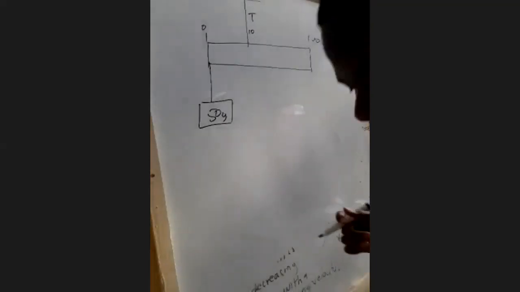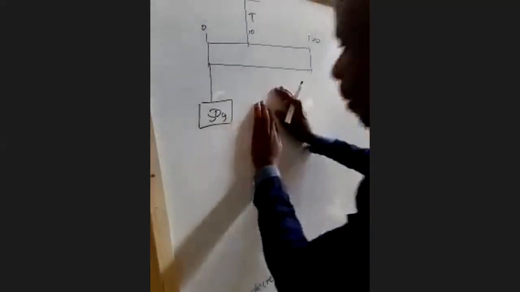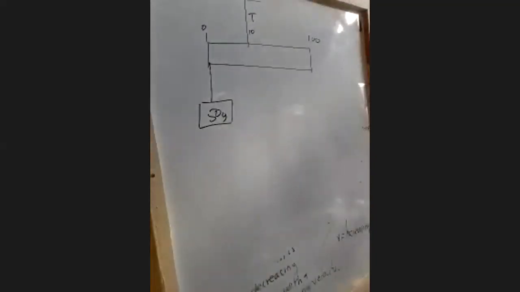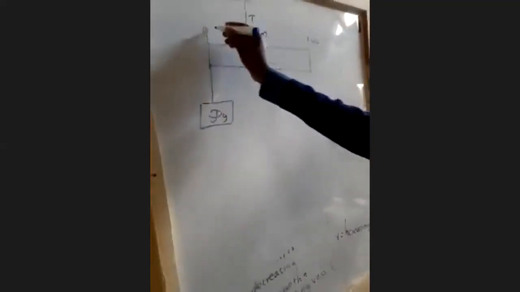That question was 3 marks in Form 3, and that is what we want to look at, still on moments. This is at 10 centimeter, this is 0 centimeter, and this is at 100 centimeter. So this is a meter rule. It has no weight, so we are going to assume the weight is negligible, unlike the question that we did yesterday.